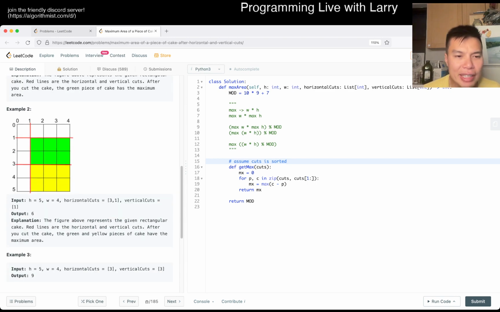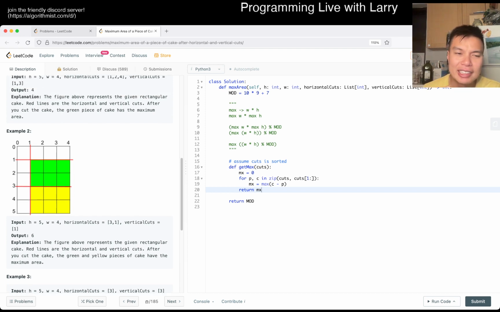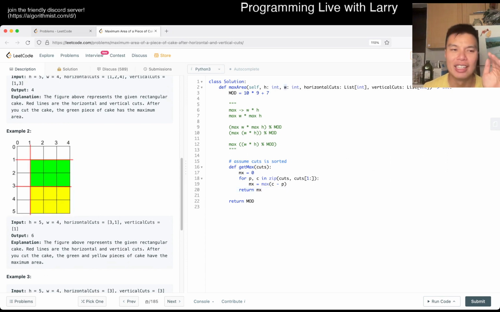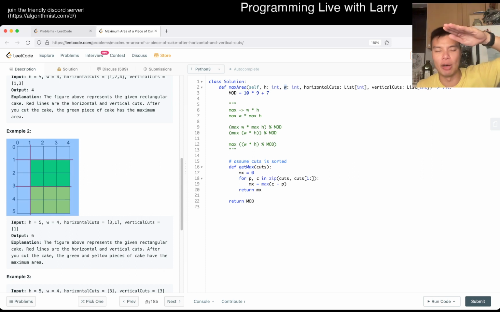So another thing that you can do, and I didn't do, is handle one tricky part of this, which is just keeping track of the zero. If you look at here, keeping track of the zeros and the width and the height, meaning in this case, there's one cut horizontally at 0 and one cut at 5, and then one vertical cut at 0 and one vertical at 4.